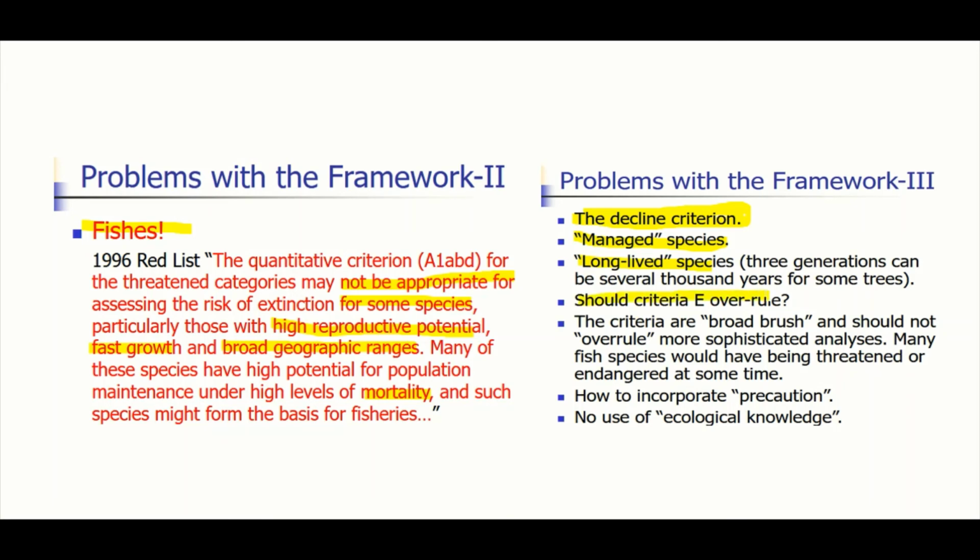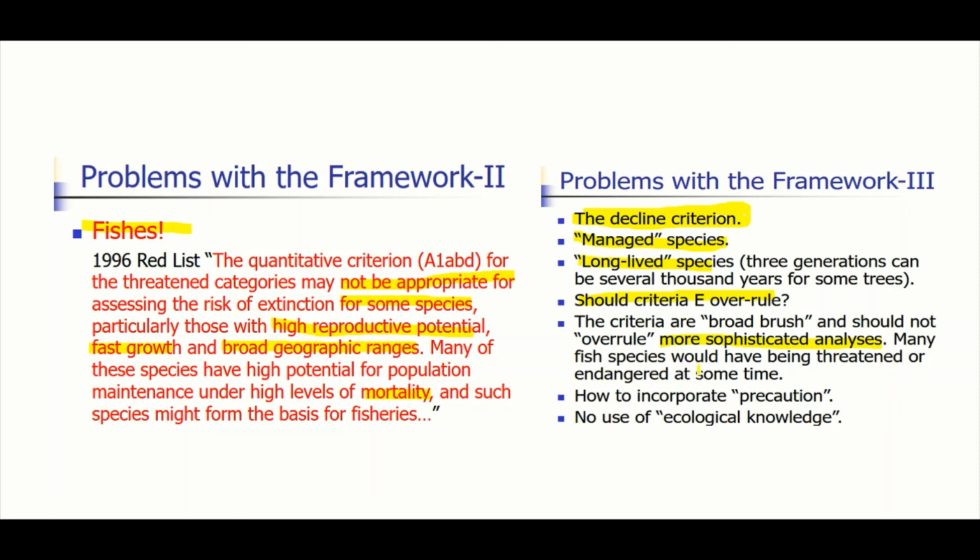Then should criterion E overrule the quantitative one that was saying 10% change within 100 years means a vulnerable population? The criteria are broad brush and should not overrule more sophisticated analysis. Of course, this is not the only way of analyzing conservation status.